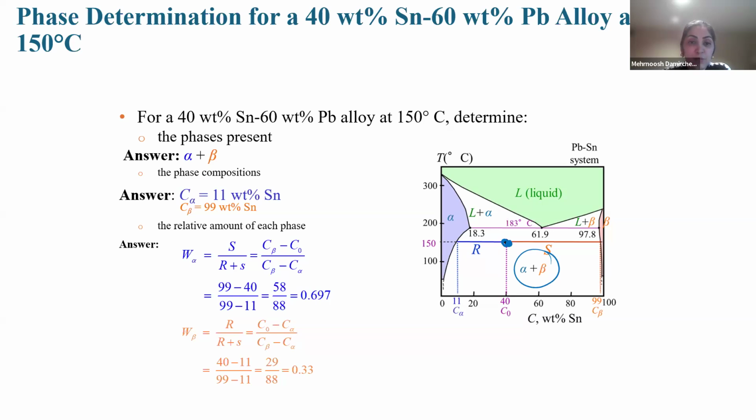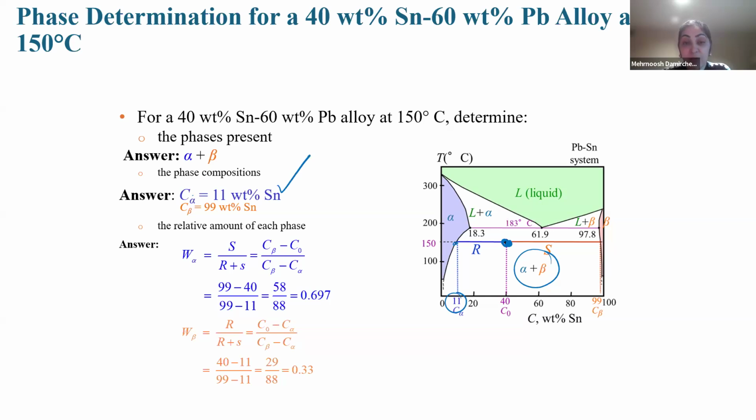If we want to find how much alpha and how much beta we have, we use the tie line. It intersects the alpha region at this point, and we read the composition, weight percent, of this point, which is 11. So C alpha is 11 weight percent Sn.